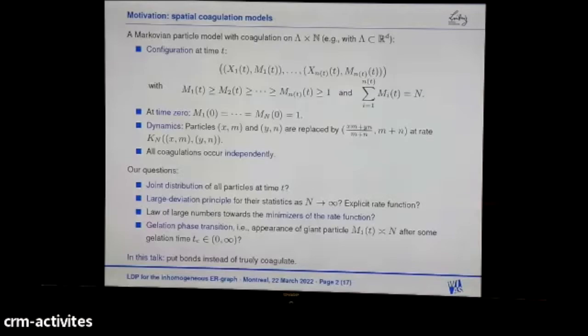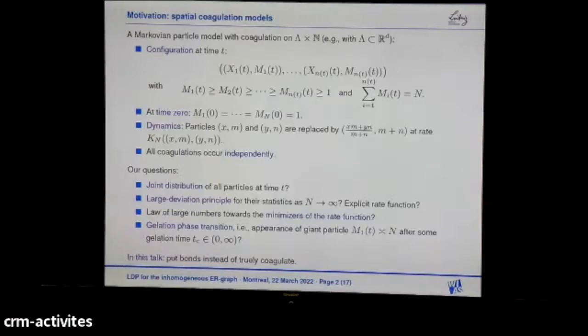So therefore, we went to some more modest goal. For this talk, I just do the following. Instead of true coagulation, I just put a bond, which means I leave the particles at the same place as they were initially. And I just indicate that two particles have been coagulated by putting a bond, which means, of course, that I have nothing else but a random graph, where the particles have types.